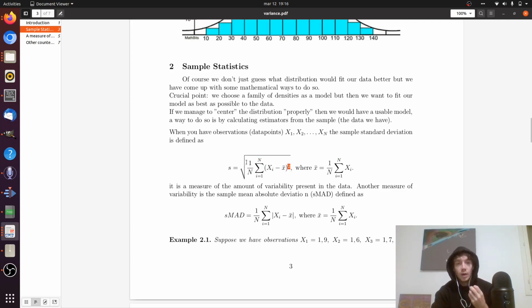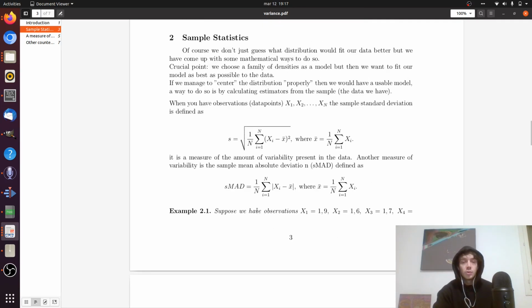We're taking this square and this square root because it's not very intuitive to think that we're assigning greater value to deviations that are very far away from the mean, and then we're increasing their magnitude by squaring them. Instead, we intuitively think that we're doing this. But these two quantities are very different. The mean absolute deviation and standard deviation are 2 different quantities.